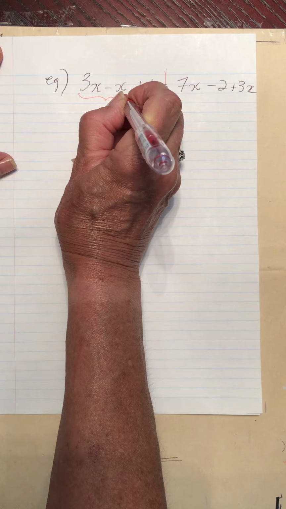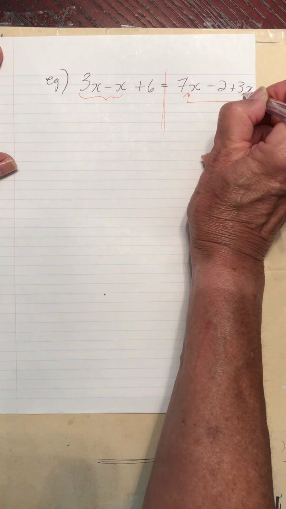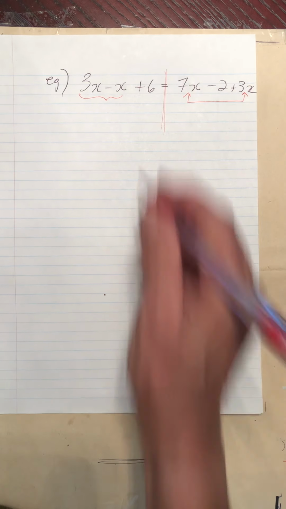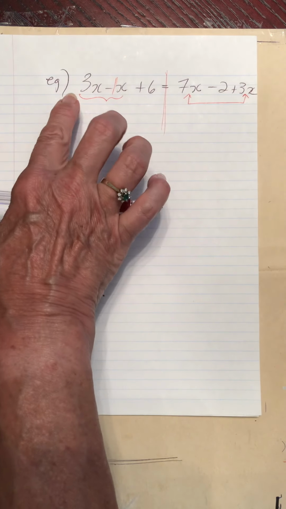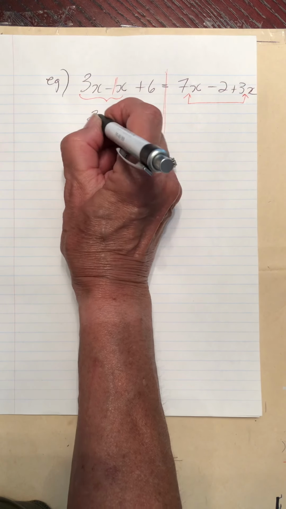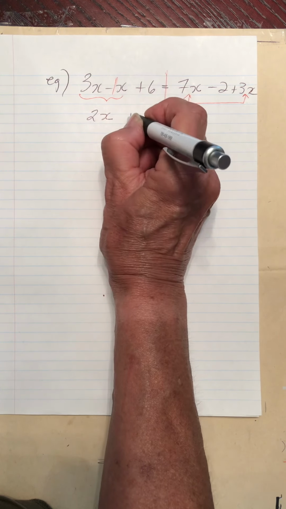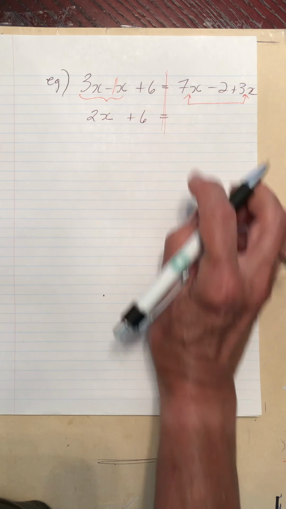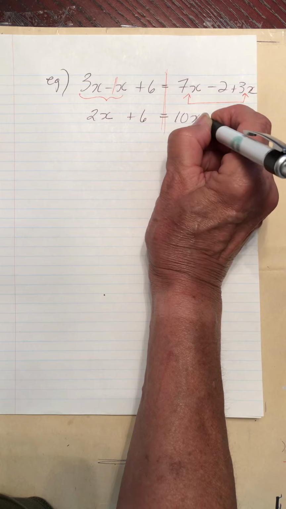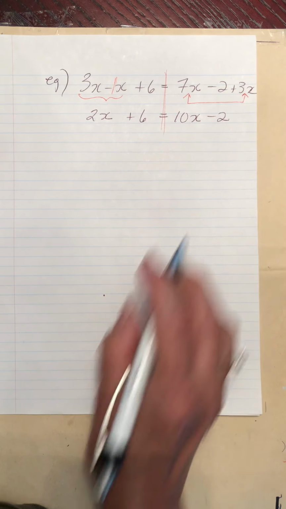These are called like terms, and these are like terms. So your first step will be to put them all together. There is a 1 here. So this is saying we're going to take 3 x's, subtract 1 x. That will leave for us 2 x's. Then there's a plus 6 and an equal sign. 7x plus 3x is 10x, and then there's a minus 2.